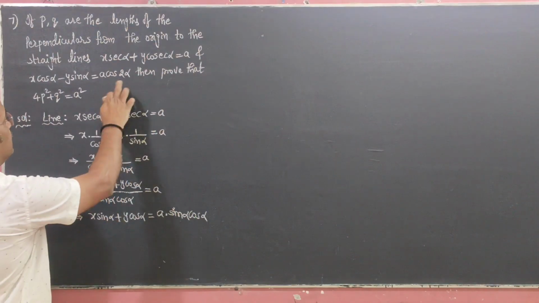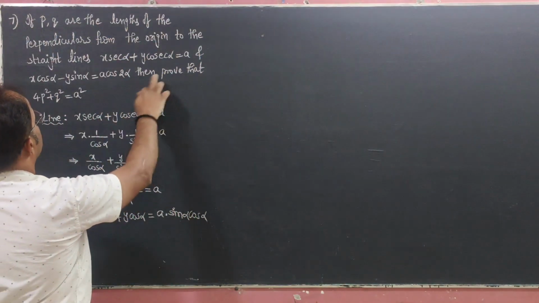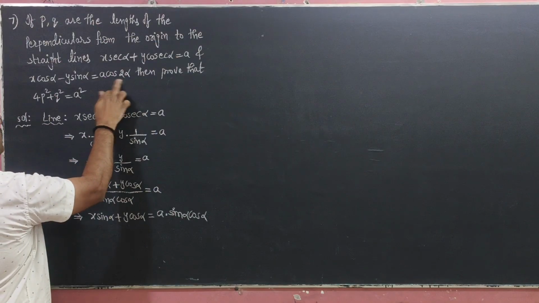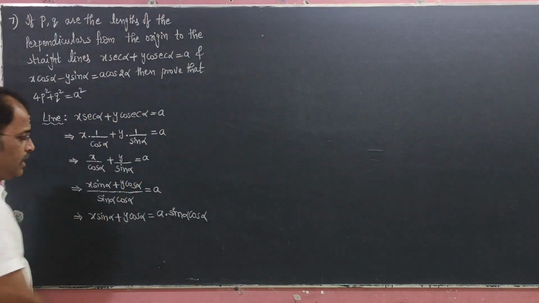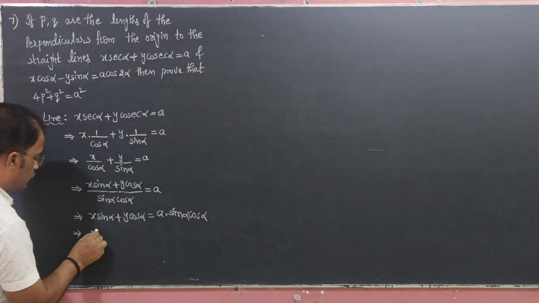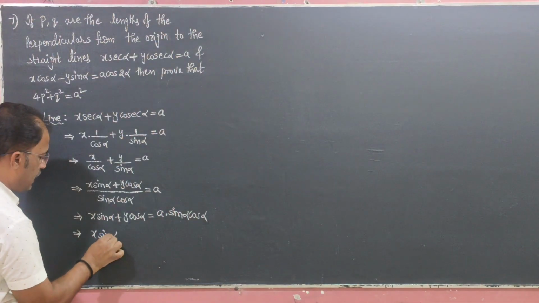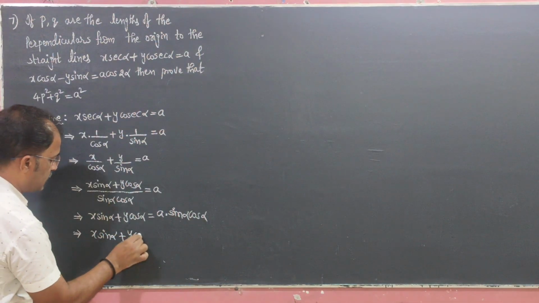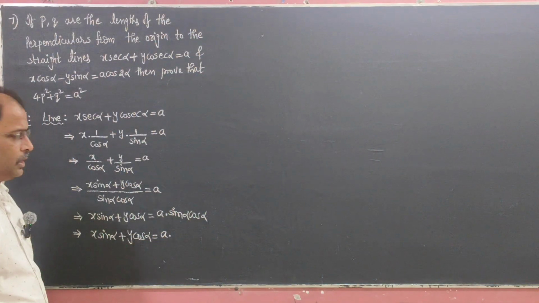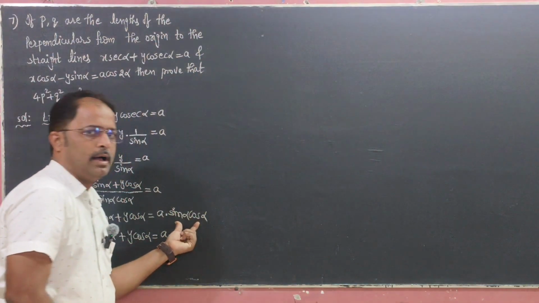The second line has a cos 2 alpha on the right side, so we have to make this one also in terms of 2 alpha. That means x sin alpha plus y cos alpha equals, multiplying and dividing by 2, to make it sin 2 alpha.